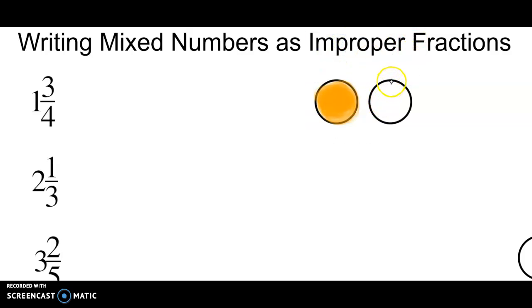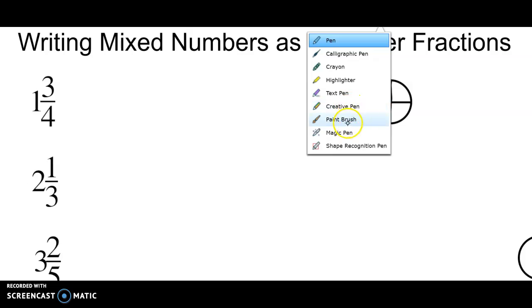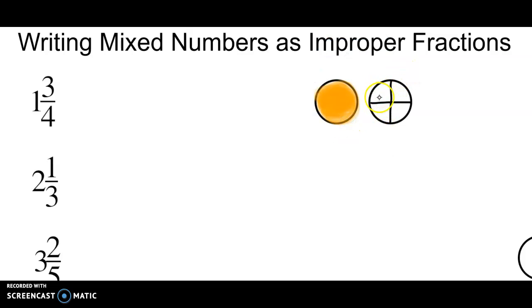Now, when I go to do 3/4, I first have to cut it into fourths. And now I'm going to shade in 3 of those fourths. So there's 1, 2, and 3. So you've got 3 slices and a whole. That's why it's a mixed number. You got a whole with slices.